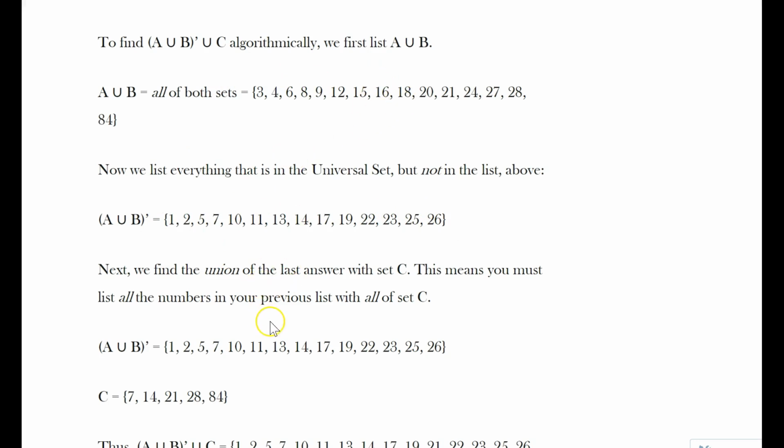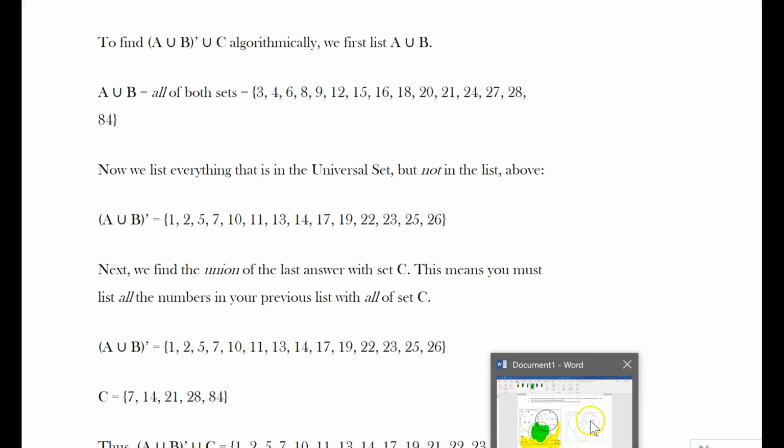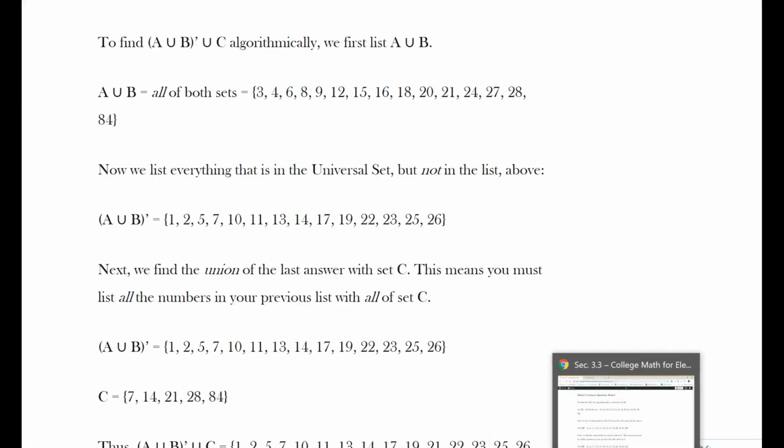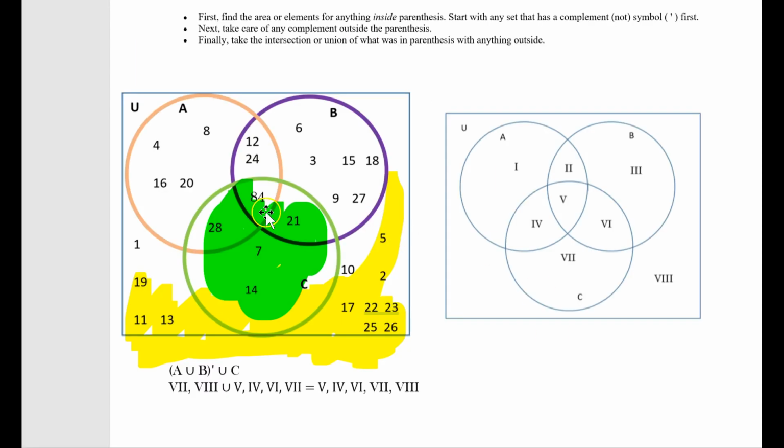Then we take the union of this long set of numbers with C, which is here. Remember, C is all of the things in C. So 7, 14, 21, 28, and 84. All of those, as you can see, this is C right here.